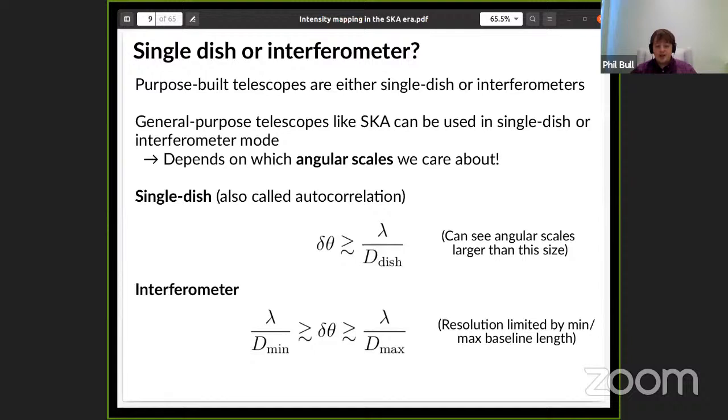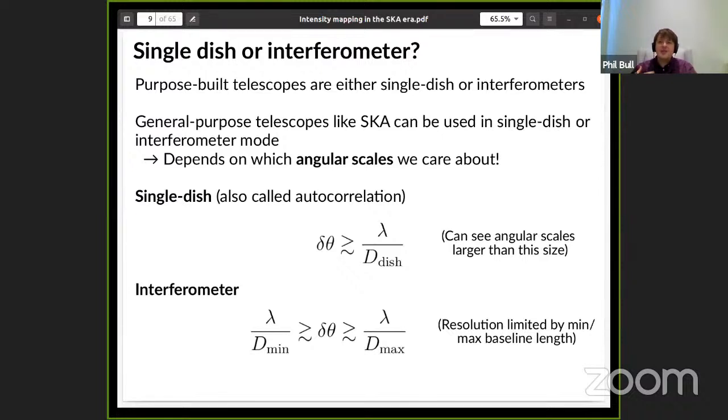You tend to find that if people purpose build a telescope in order to detect the 21 centimeter signal, they choose it to be either just a bunch of single dishes, or maybe one single dish, in this autocorrelation mode with a particular design, or they design it to be an interferometer with many pairs of dishes, normally quite closely packed together, because most of the angular scales we care about are large scales. So we care about the largest angular scales on the sky, and so interferometers that are closely packed together are most sensitive to those.